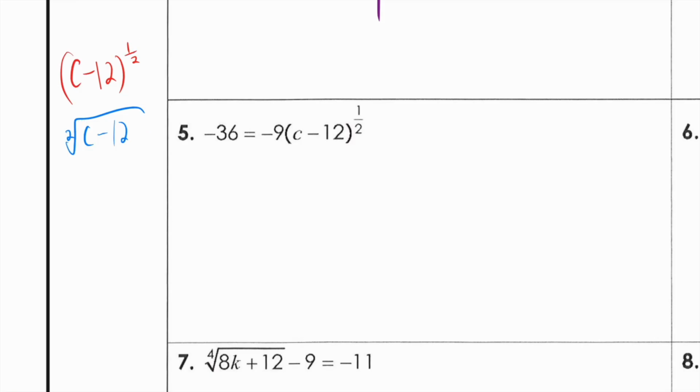And so it's the same thing as the square root of c minus 12. And so you're welcome to rewrite it as a square root if you want to, or you can just leave it as an exponent. I'm just going to leave it as an exponent. I'll show you how it works.